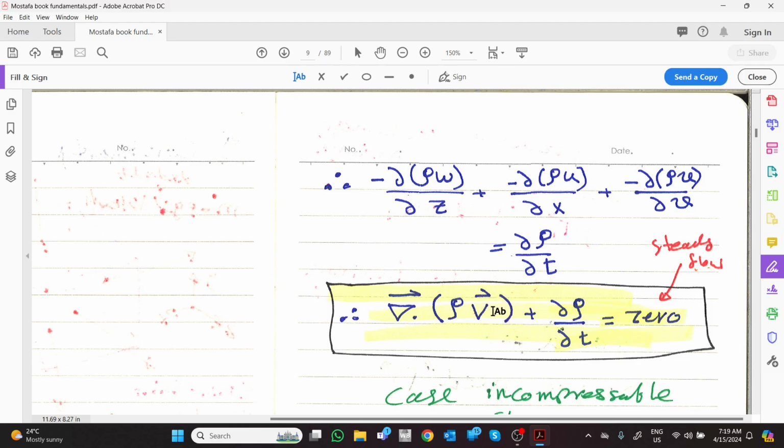So the gradient vector, or del operator, for a vector: when you are going in x, you need to select the velocity in the x direction; when you are checking the change of velocity in the y direction, you need to use only the one in the y direction, and in z, w. In x we write u, in y we write v. I will correct this one as y.